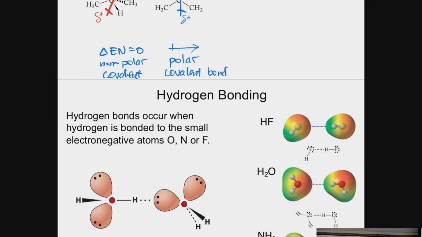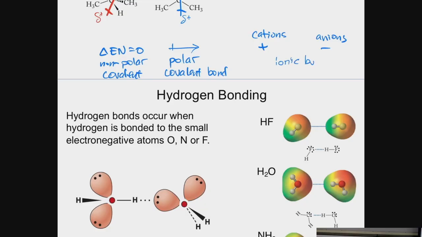In fact, one has lost an electron or two, and the other one has gained an electron or two or three, depending on what it is. When the difference in electronegativity is so great, you end up with cations and anions, but they are still attracted to each other due to the positive and negative charge of the ions now. This is what then comes together to form the ionic bond.